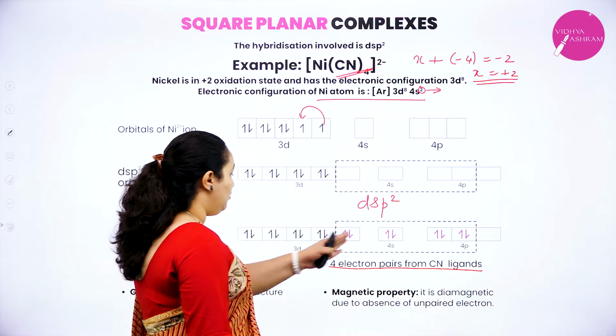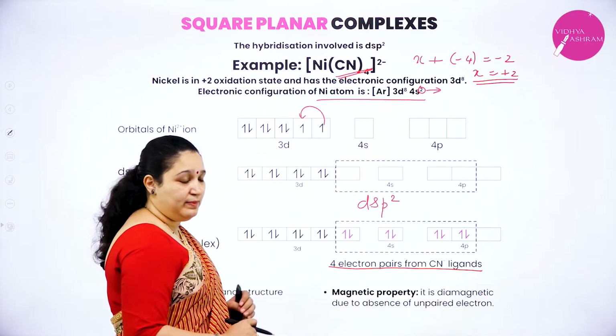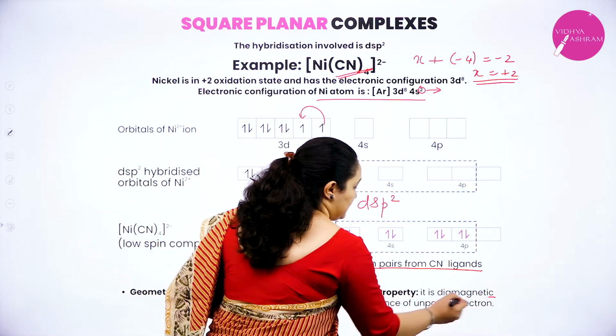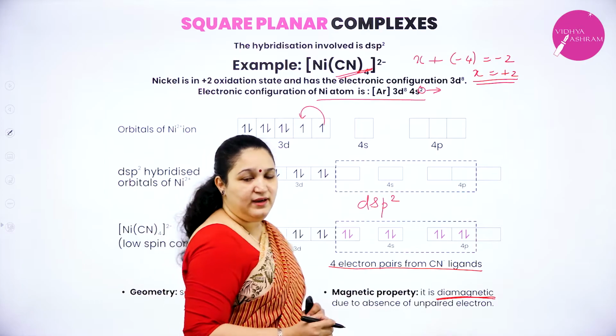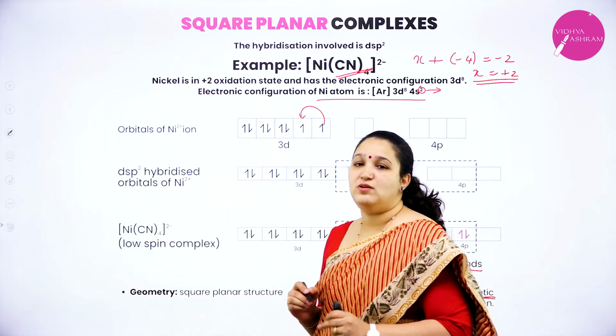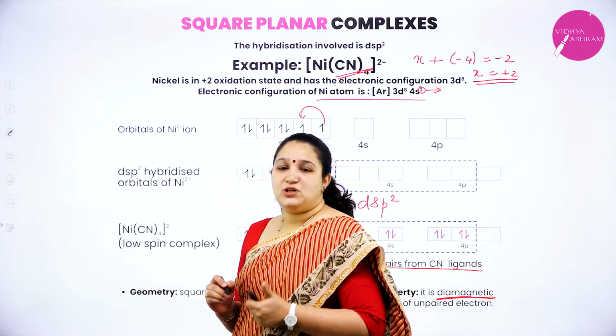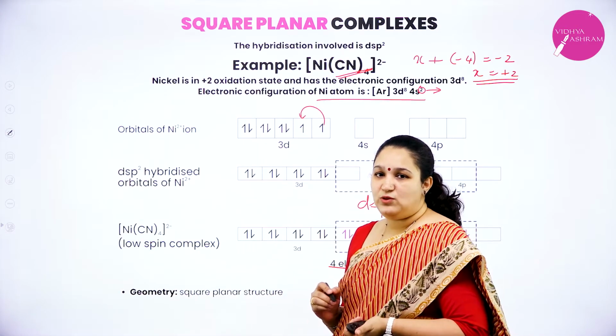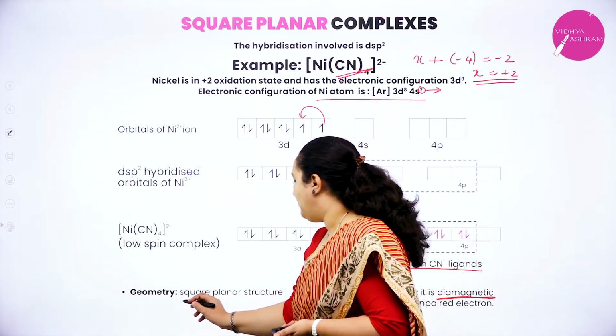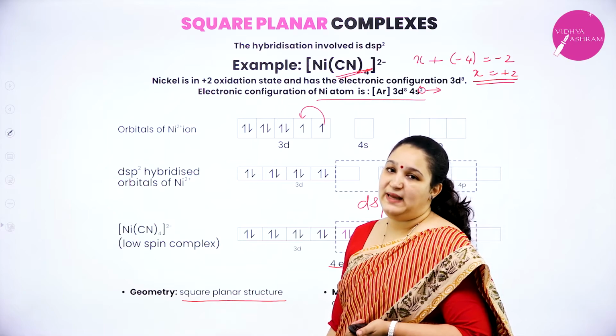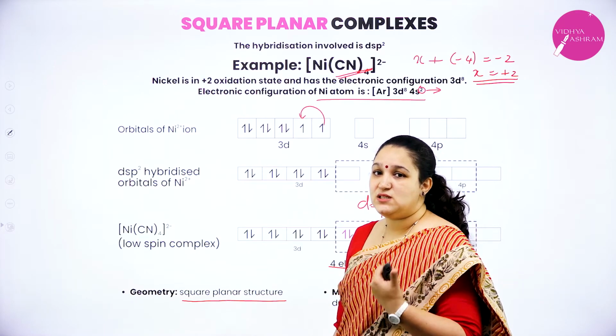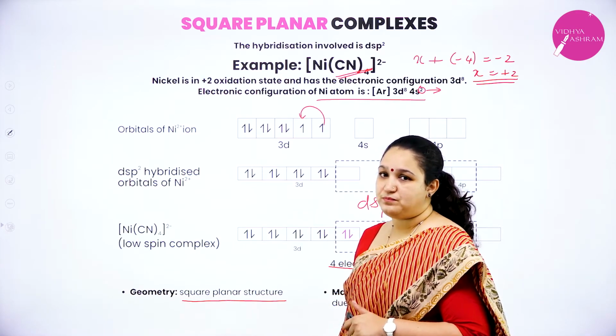Okay. If you observe here, there are no unpaired electrons, thus it is diamagnetic, and because of coordination number 4 and dsp2 hybridization, geometry is square planar. What is it? Square planar.